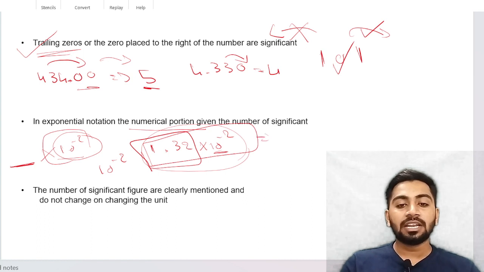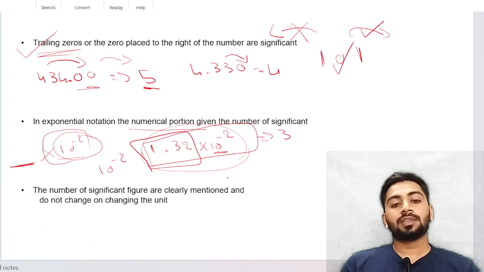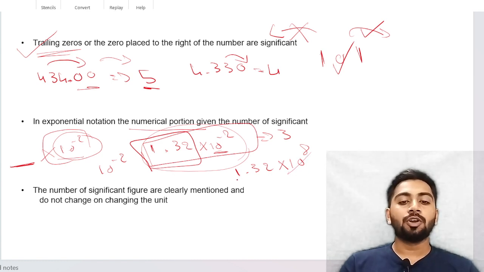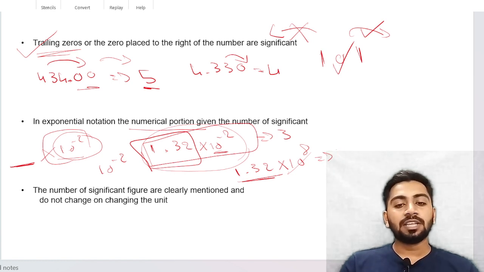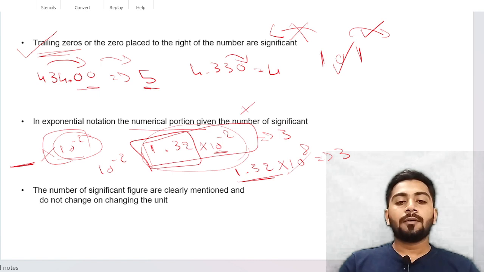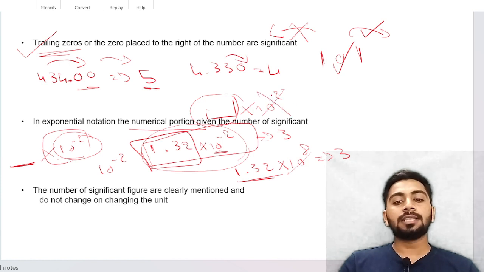Which means your significant number is 3. Now if you have a number with 10 to the power of 8 or 100 or something, you will never count that part. You will only count this part. Now the significant number is 3. When you have a value like this, you only look at the significant figures of the numerical part. You will never look at the exponent.